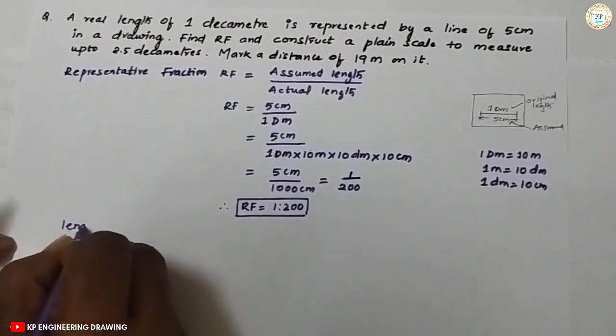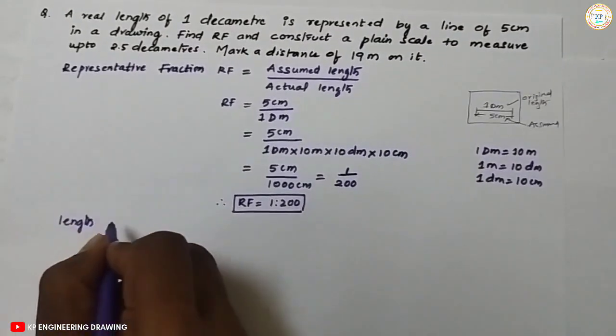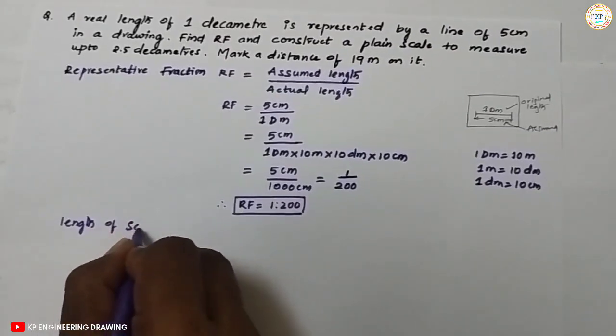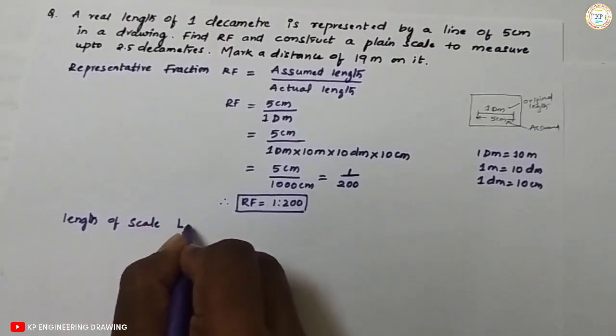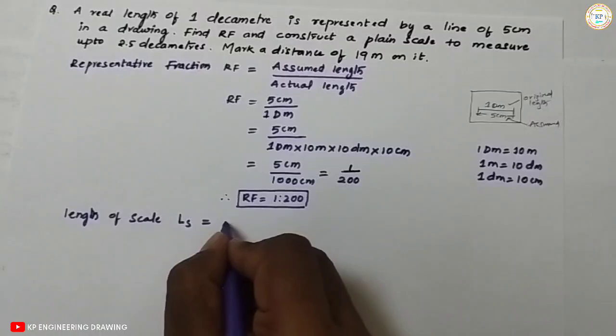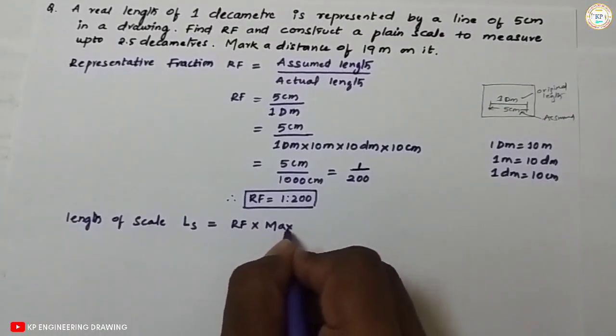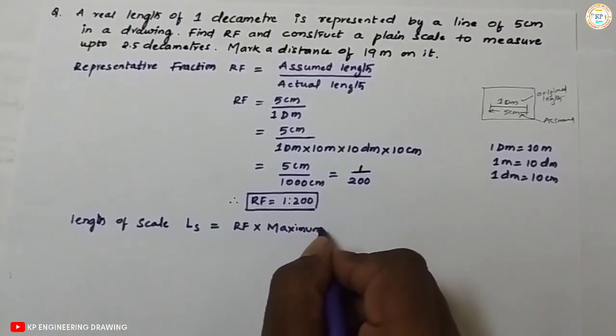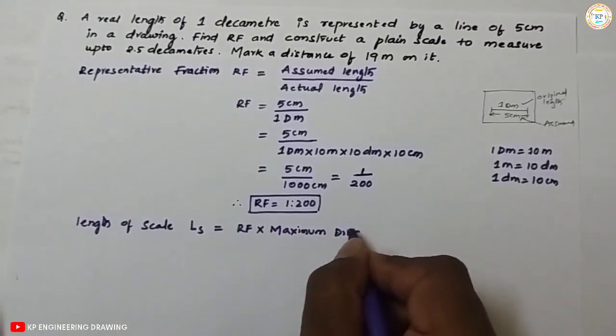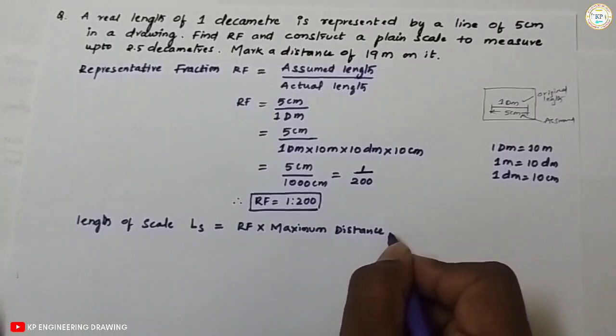Length of scale, that is LS. LS is equal to, already you know the formula, that is RF into maximum distance or maximum length.